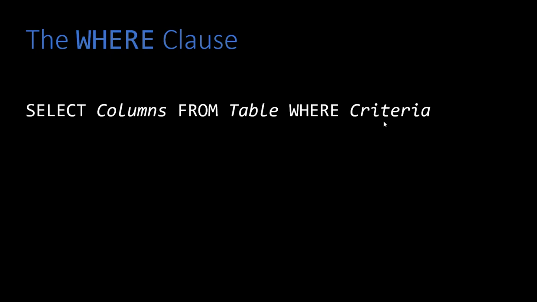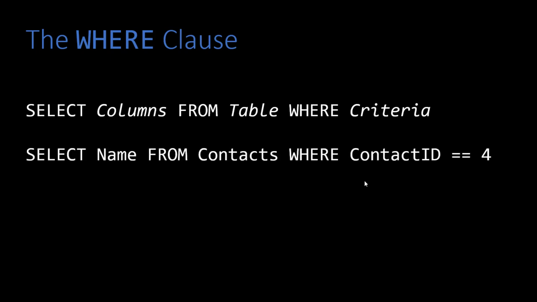And a criteria is typically a Boolean expression. For example, let's say that we want the row in which contact ID is equal to 4.